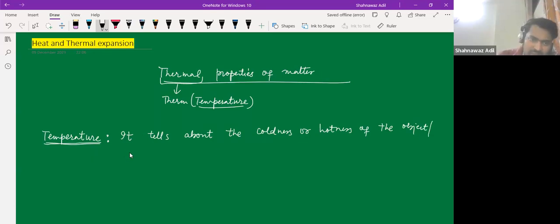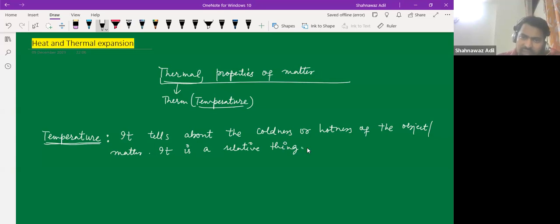It is relative, and this temperature is a very important one, right? So how do we measure temperature?